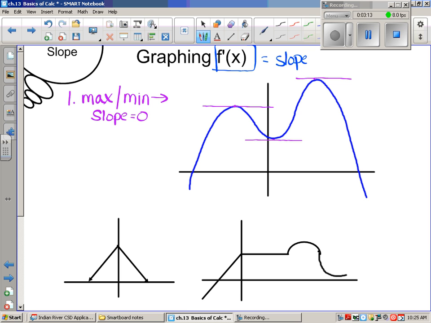So if I'm to graph the slope, the first thing I do is recognize, okay, the slope here is 0. And so therefore, on the graph, right below it, I'm going to mark that my graph of the slope is going to cross at that spot. And similarly, this spot right here, where we're also recognizing a minimum and the slope being 0, I would have a point that would basically be at 0 on that spot.